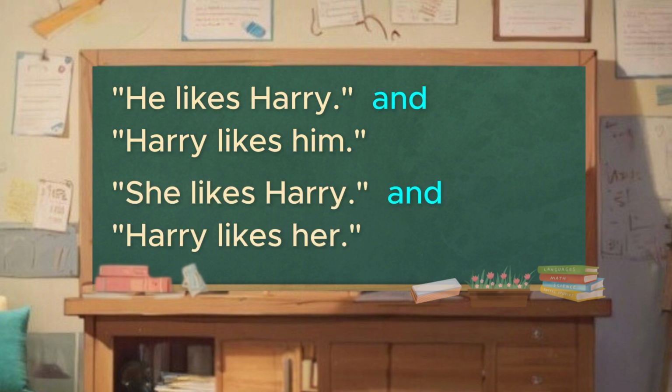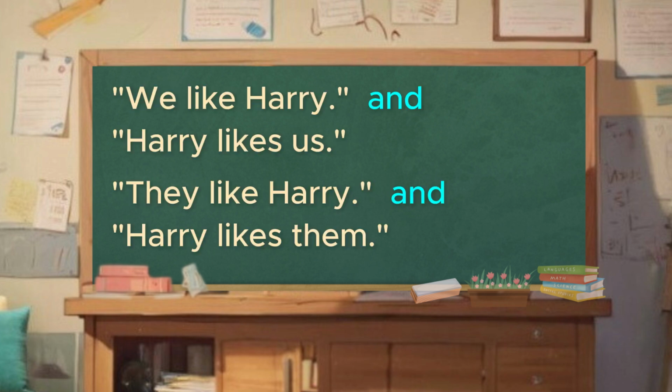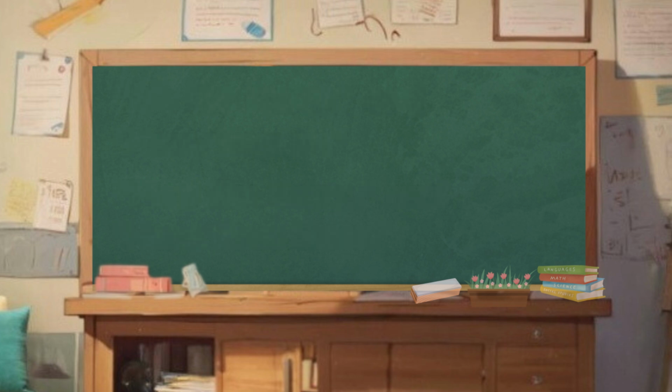She likes Harry, and Harry likes her. We like Harry, and Harry likes us. They like Harry, and Harry likes them. Notice something? The subject pronouns usually come at the start of the sentence, while object pronouns are often in the middle or at the end. That's a pattern that will help you.